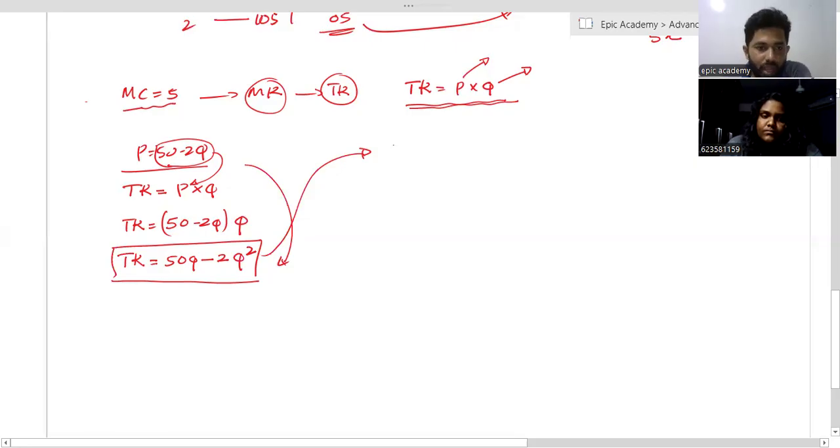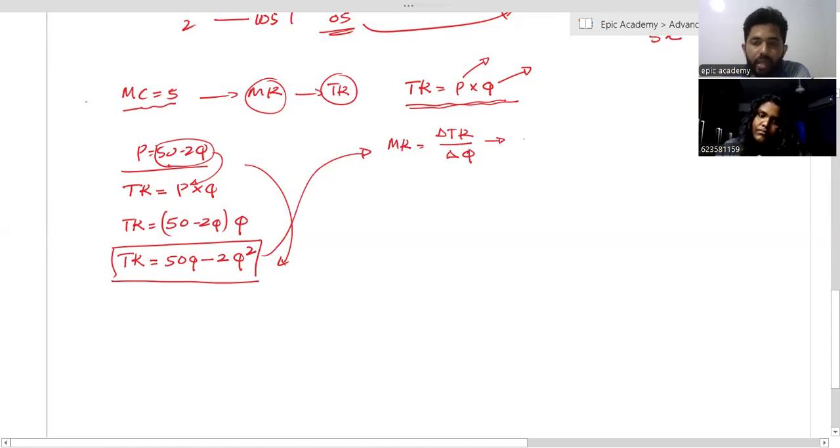Then you have to find the MR: delta TR divided by delta Q. This is the simple methodology. But we don't have two options, we only have the equation for the TR.